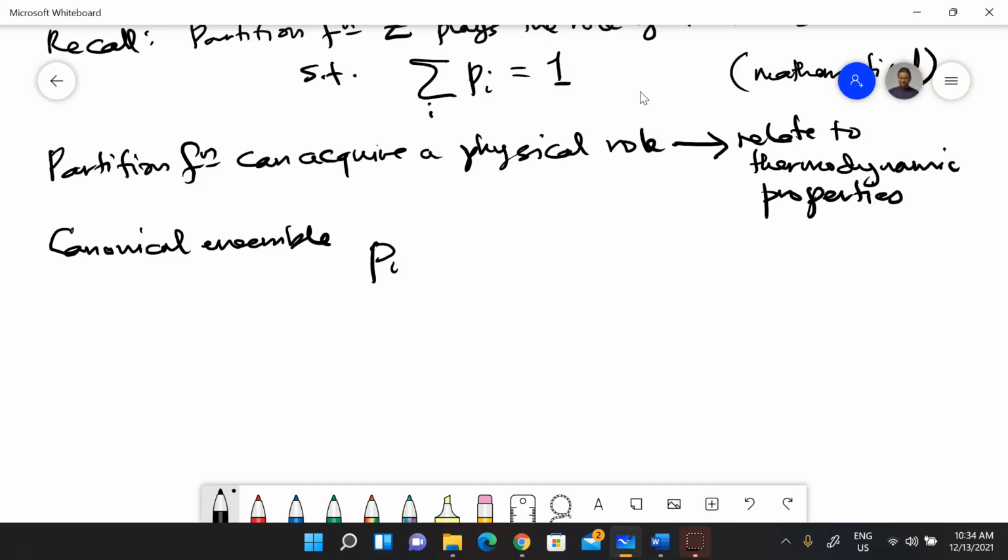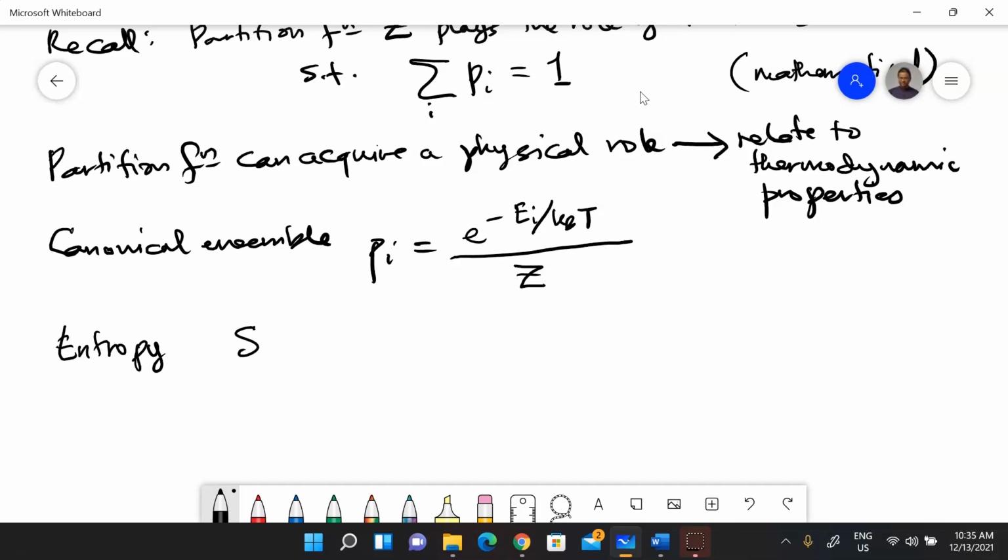Let me just write that, P doesn't look very nice: p_i equals e to the minus E_i over k_B T, divided by Z. And then we have also done entropy for this, which is now given by S equals minus k_B sum p_i log p_i.